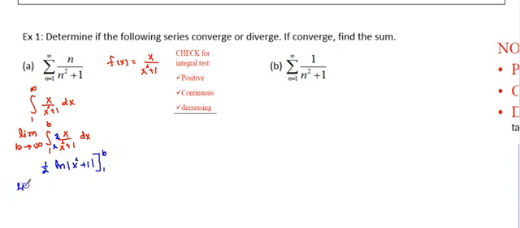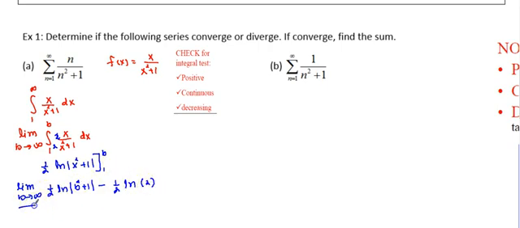So if I bring down the limit statement, limit as b approaches infinity of 1/2 ln of b squared plus 1 minus 1/2 ln 2.